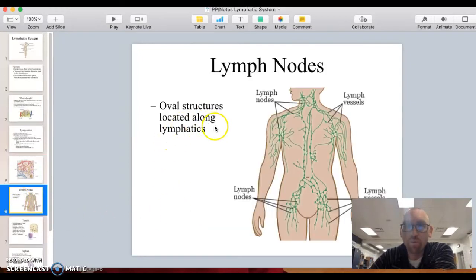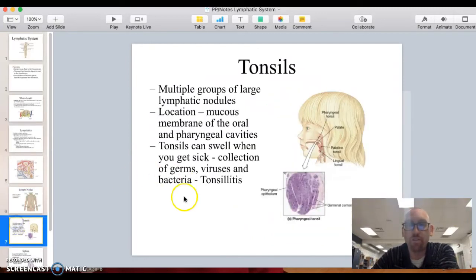Your lymph nodes are oval structures located along the lymphatics. So like your lymph nodes are like these bigger kind of clusters of cells that are helping filter out like germs and stuff like that, where the lymphatics are these vessels, which sometimes are called lymph vessels. So the lymphatics are the vessels, the lymph nodes are like kind of the bigger things, okay?